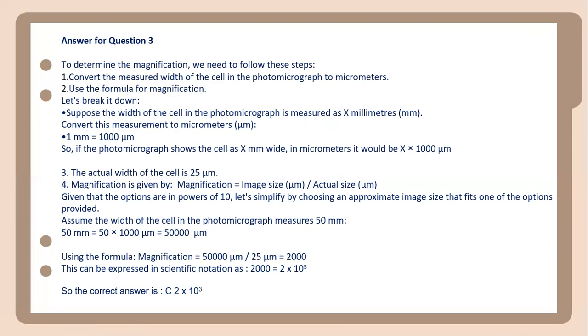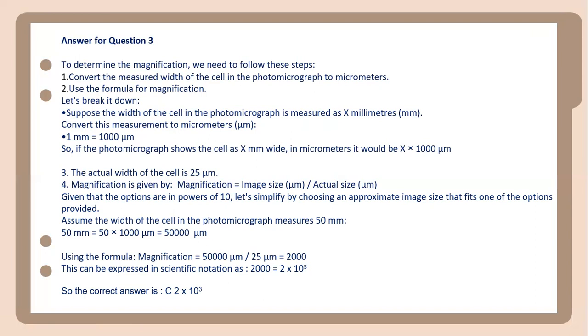Third, you have the actual width of the cell, which is 25 micrometres. The magnification is given by the formula: magnification equals image size in micrometres divided by the actual size in micrometres. Given that the options are in powers of 10, let's simplify by choosing an approximate image size that fits one of the options provided.